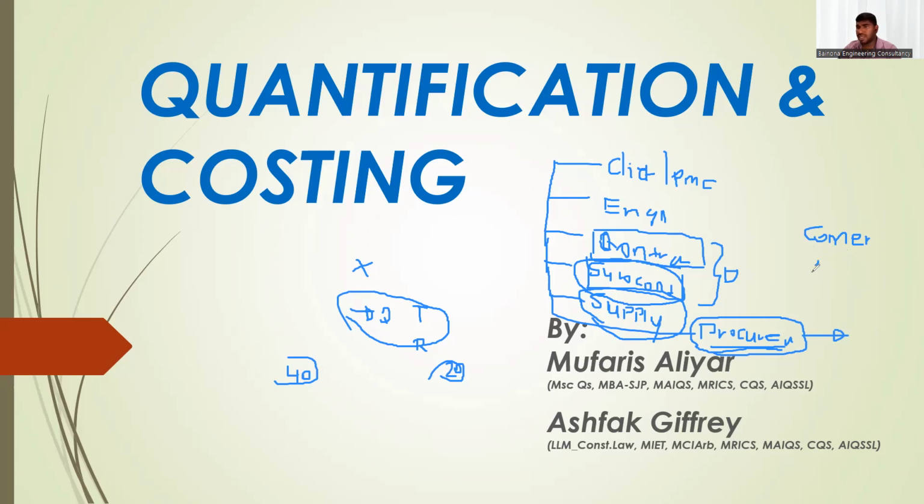They will tell Mr. Commercial Manager, we priced this project for X and our overhead and profit is Y. So we have to get X plus Y at the end.